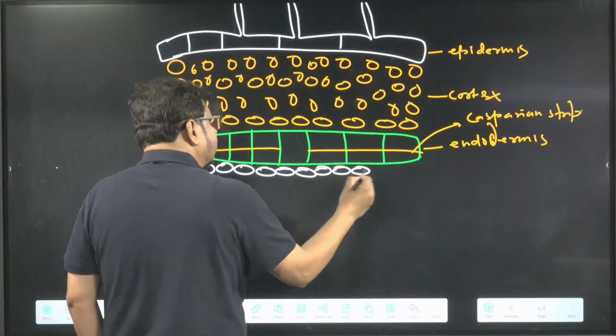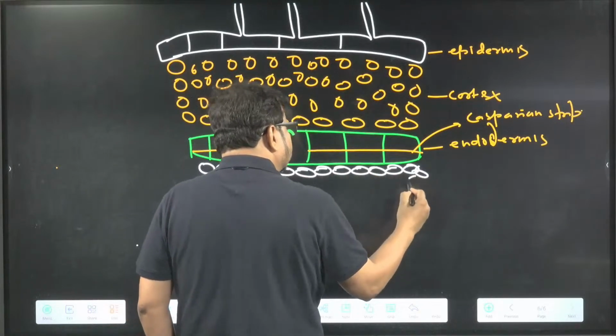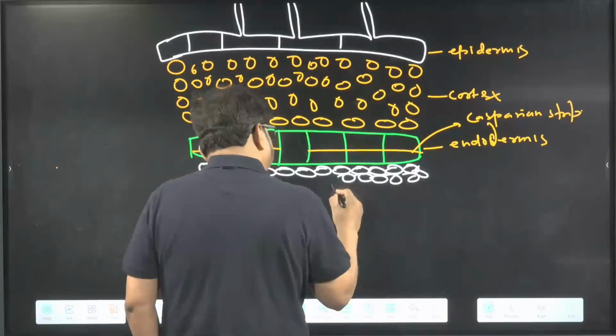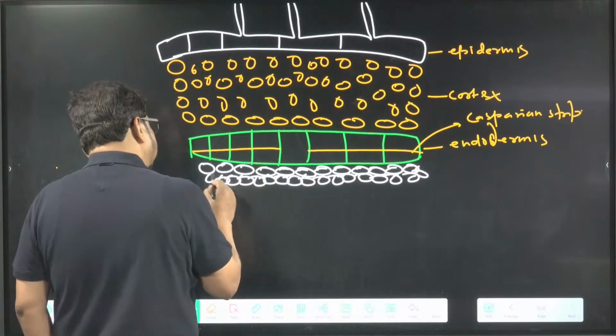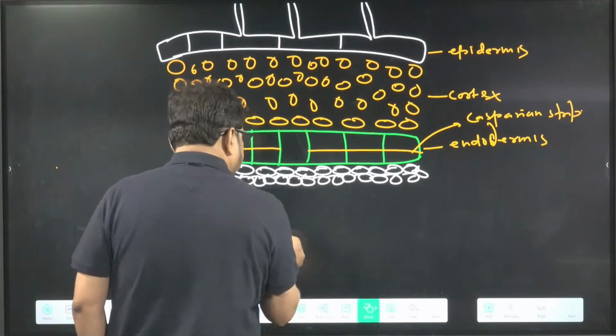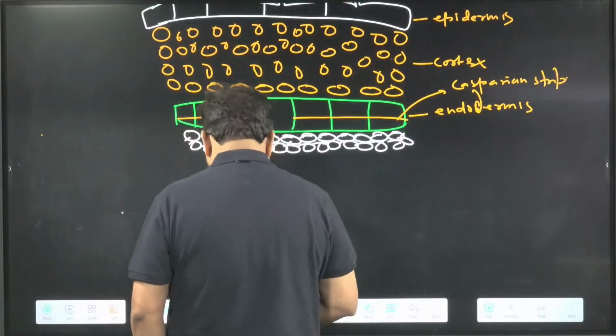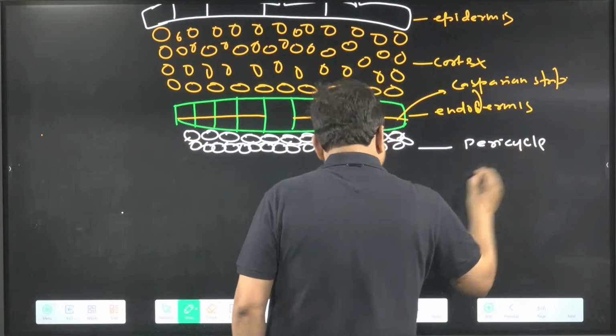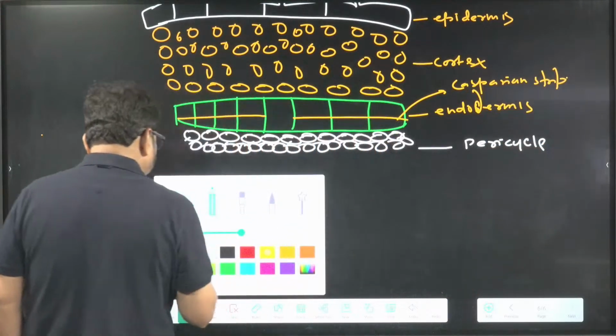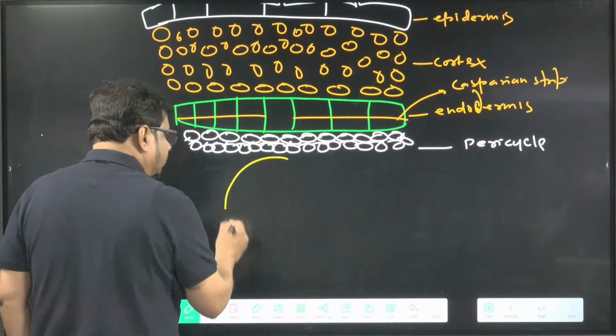It is parenchymatous. Of course, nothing is different, it is like the dicot only. Already we discussed the dicot. It is the pericycle layer. Now we are going to deal with the vascular tissue and pith. Look here.